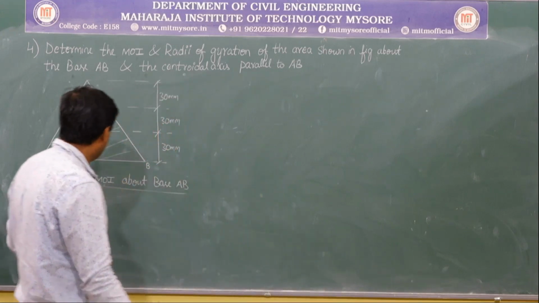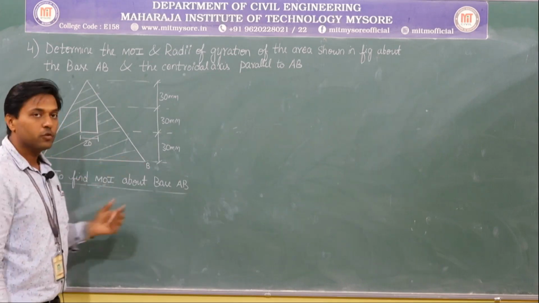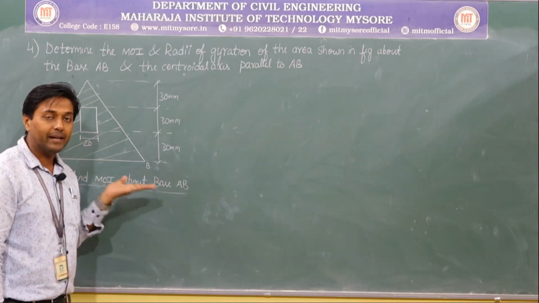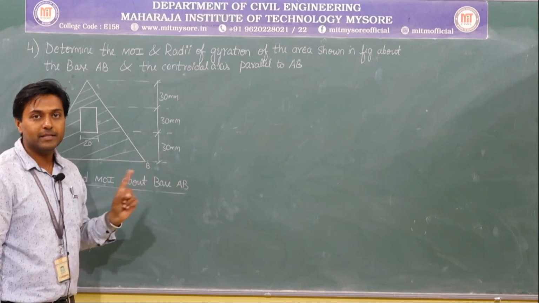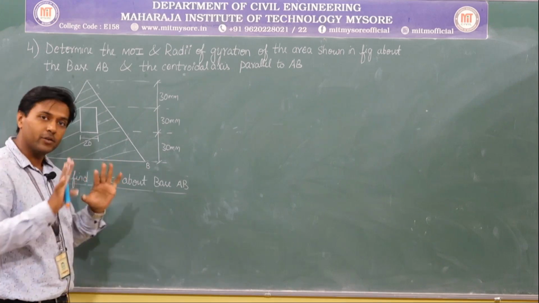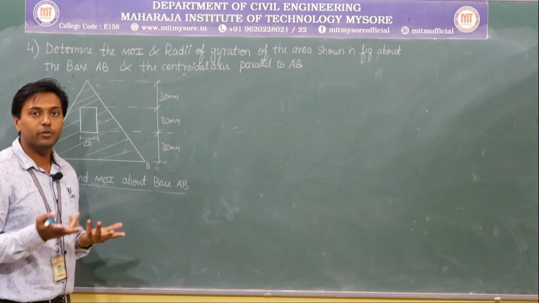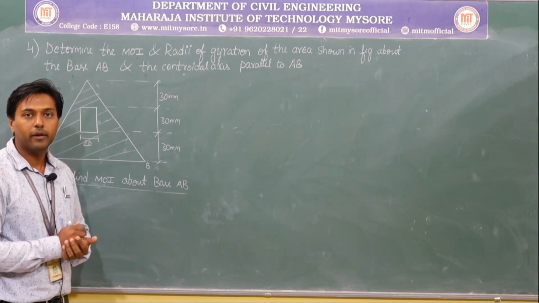But here they are asking us to calculate it about the base AB. Whenever they ask you to calculate it about a particular point, there is no need to calculate the centroid. It is always easy, because there is no need for me to calculate the centroid. I will not be calculating the centroid at all now.